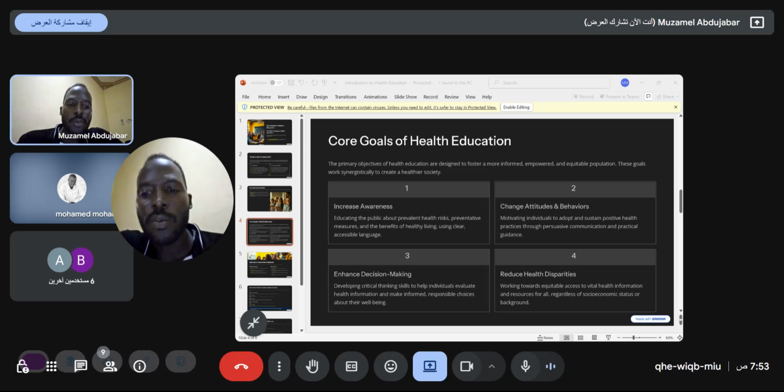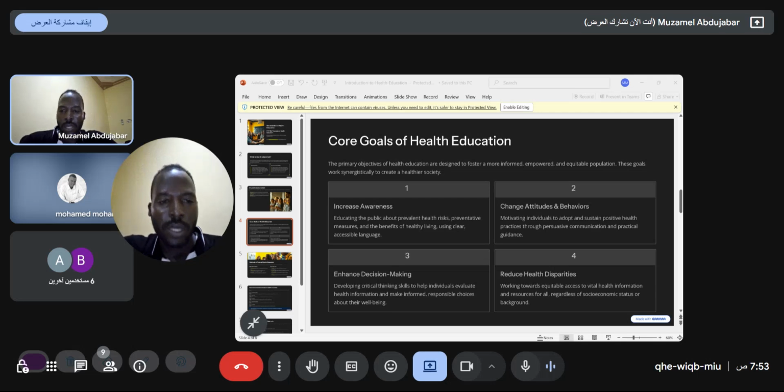The fourth objective of health education is to reduce health disparities, moving towards equitable access to vital information and resources for all, regardless of social status. With health education, you can give good awareness to all people, even those in the jungle or bush, in the village, or in very far places, so they can get the benefit.